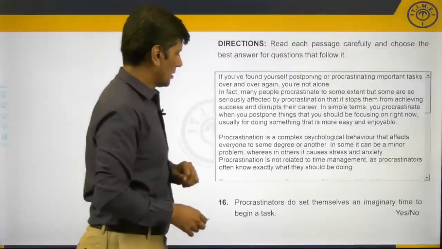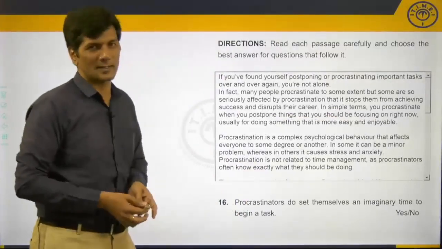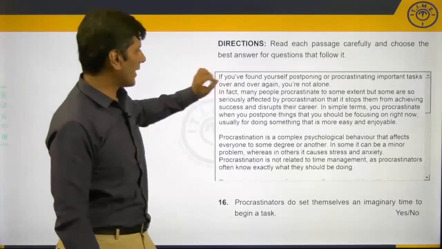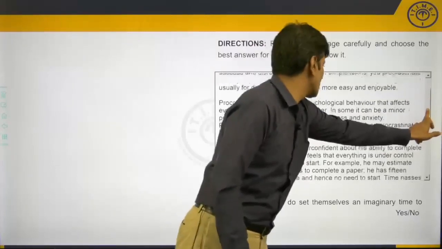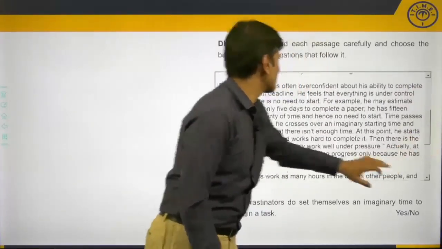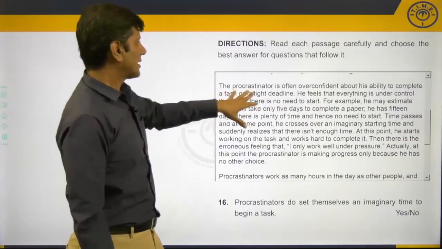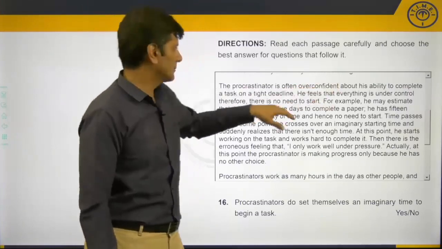16th question. Procrastinators do set themselves an imaginary time to begin a task. Now, we will find that the clue for this is somewhere over here in this particular paragraph, where he says that they are often overconfident.